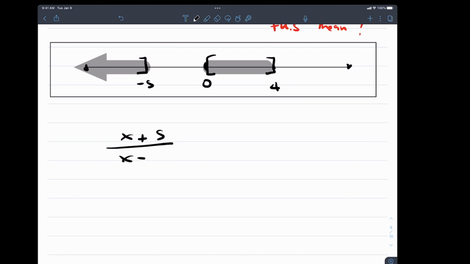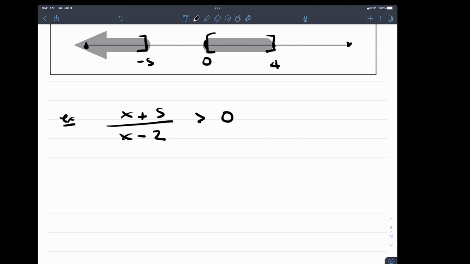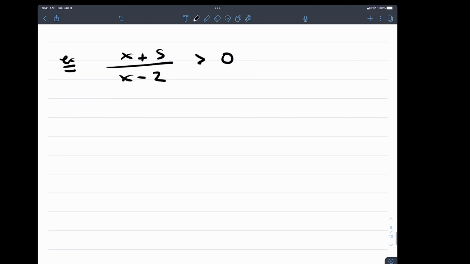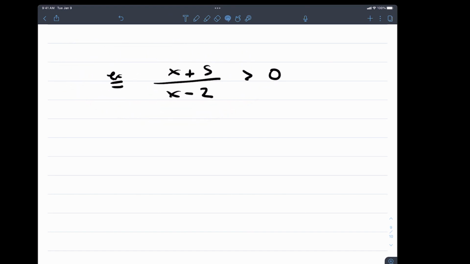x plus 5 over x minus 2. This is another example. What do you guys notice about this example here? You have a numerator and you have a denominator.